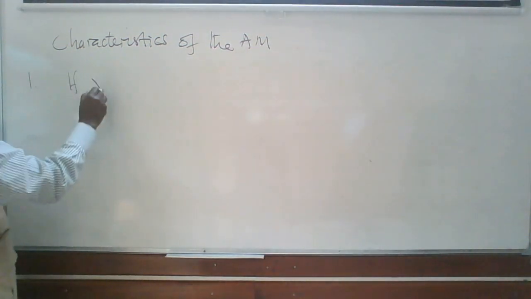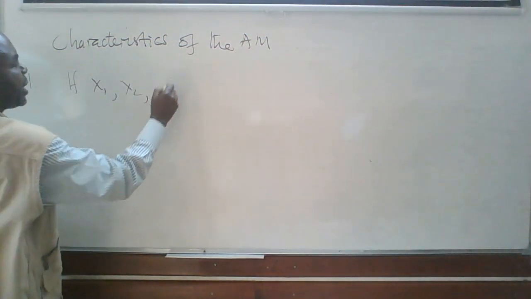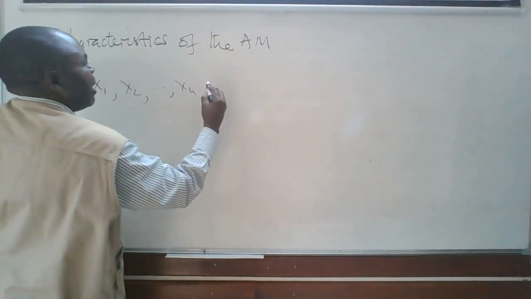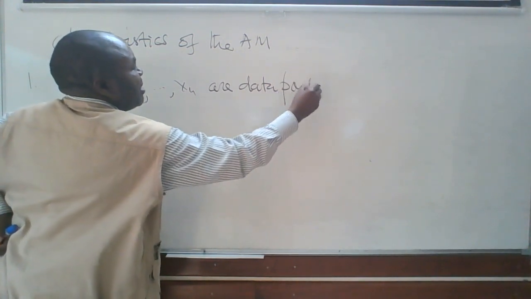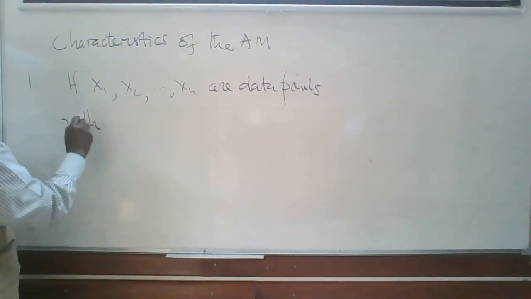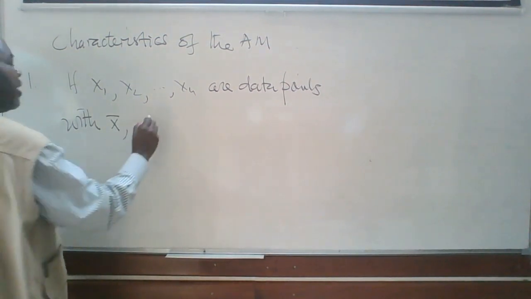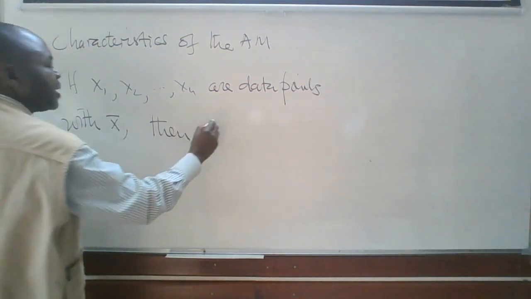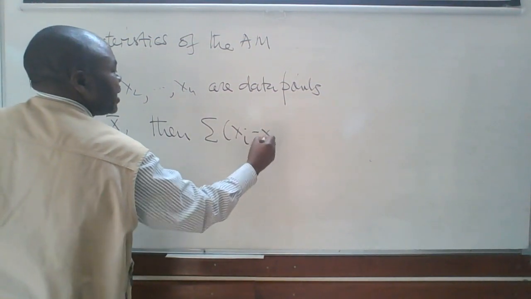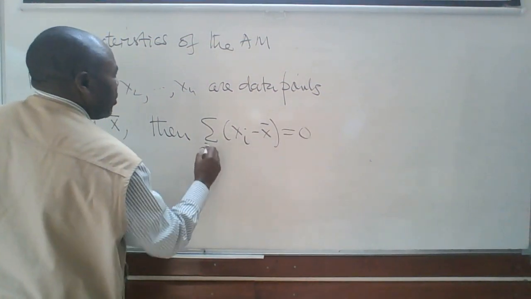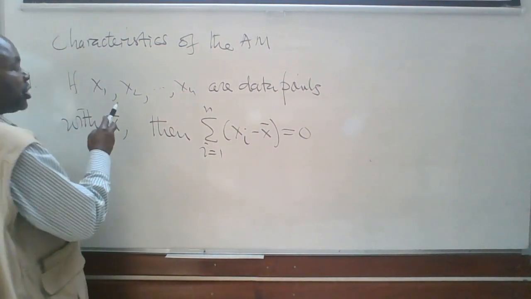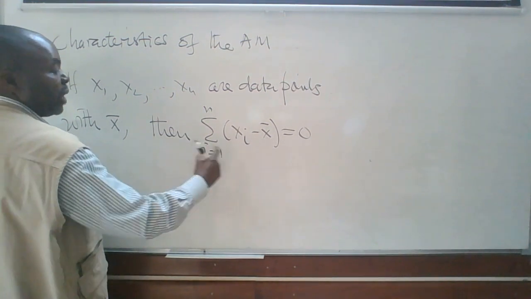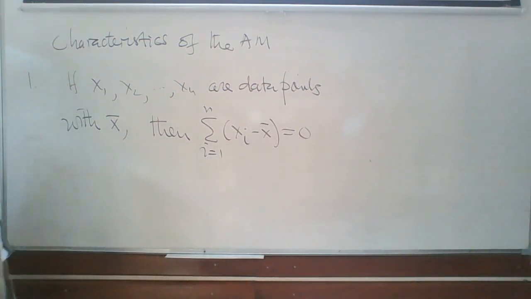If x1, x2 up to xn are data points with mean x bar, then summation of xi minus x bar is always equal to 0, where i runs from 1 to n. So if you have your data points and from each you subtract the mean and then you add those differences, the answer is always 0. That's the first characteristic of the arithmetic mean.